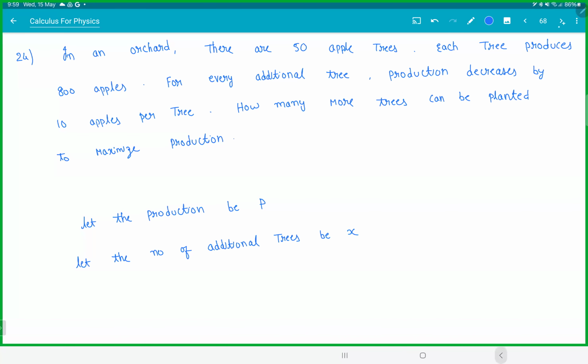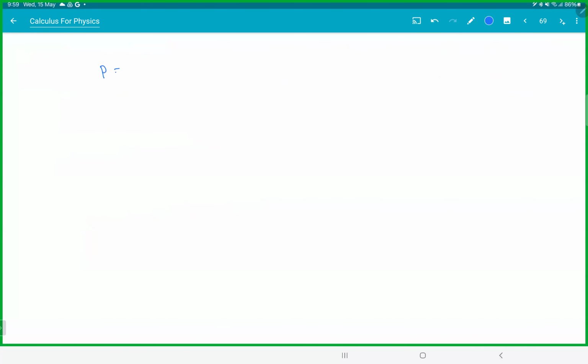So production P is nothing but number of trees into production per tree. I hope everyone agrees with this statement.